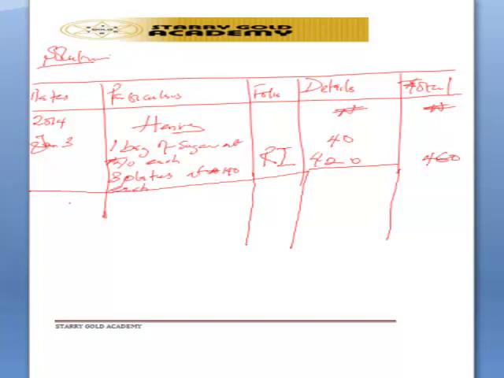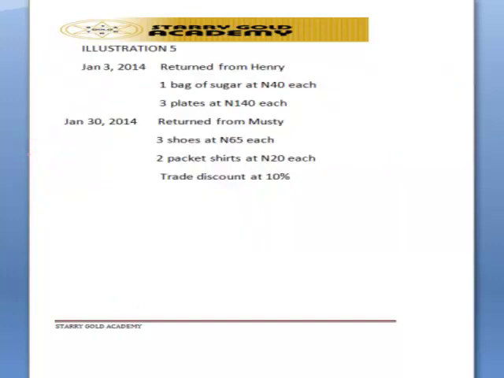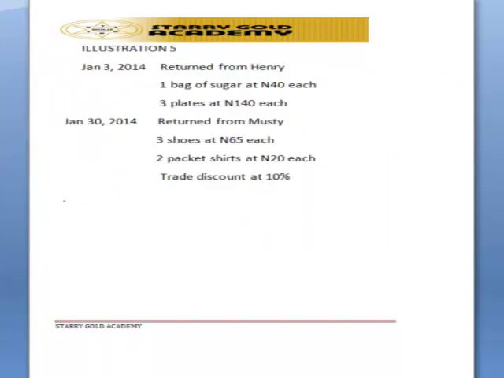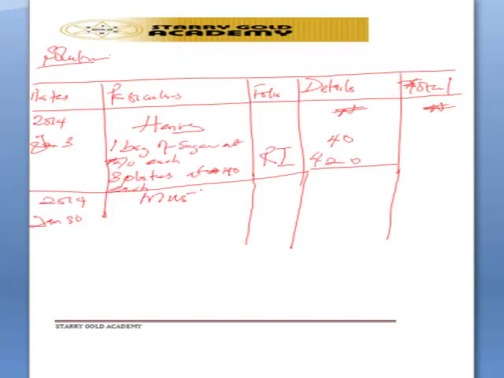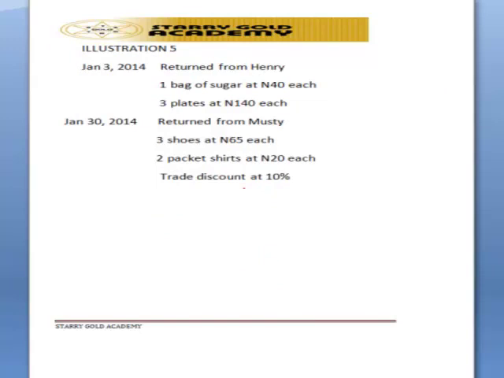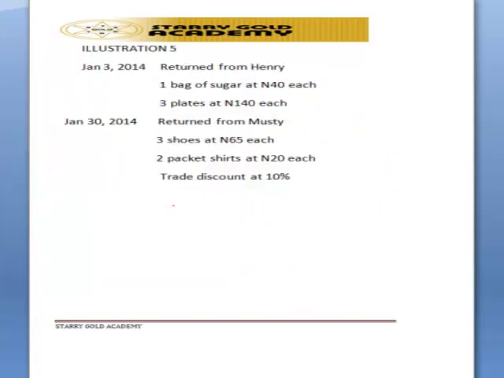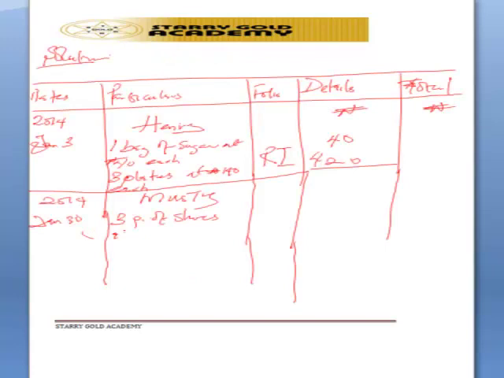Then 2014, the next date is January 30th. Return from Musti. So the customer Musti, what was returned from him? 3 pairs of shoes at 65 naira each.